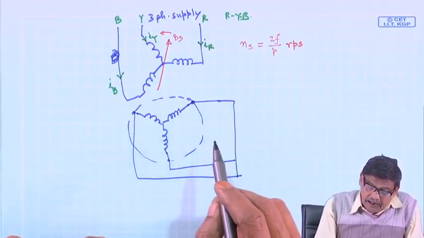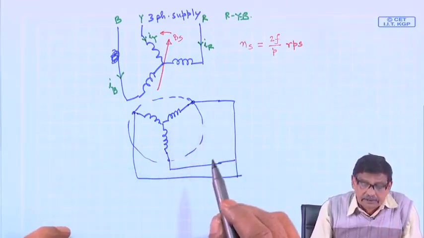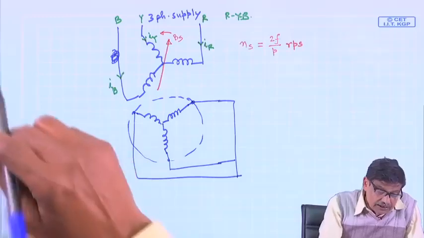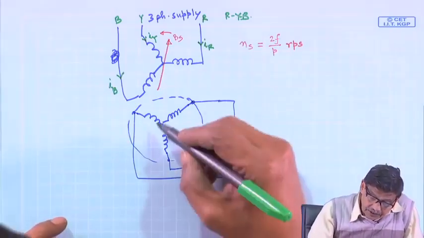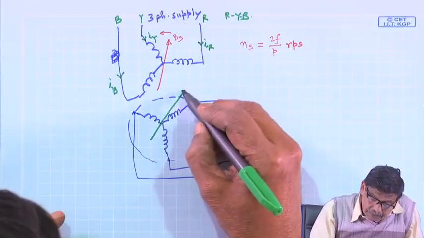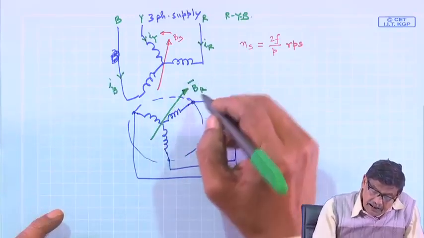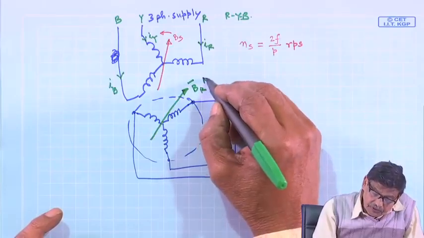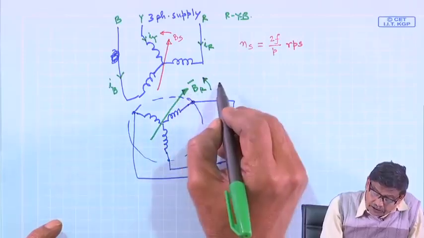okay, and then of course, there will be rotor currents, and the rotor then too will be producing a rotating magnetic field, which I am drawing with a green vector B R, and it will also move along this direction. What is the speed of this rotor rotating field?